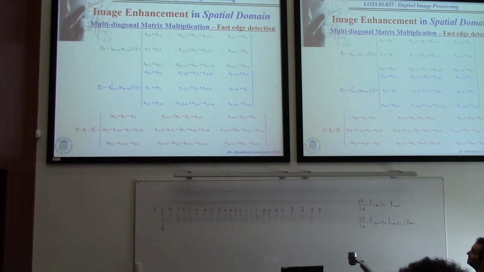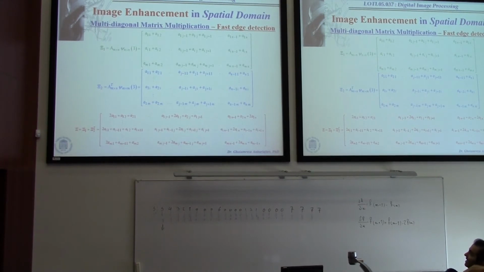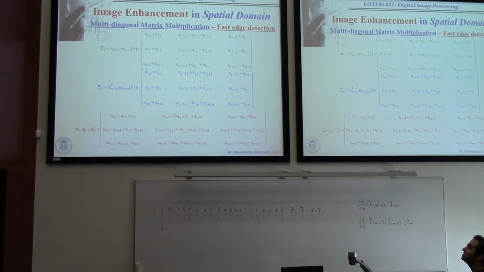But if we multiply that matrix by the image, for example, if you consider our input image as n by n, the size of the image is n by n, you can see that we find this matrix.